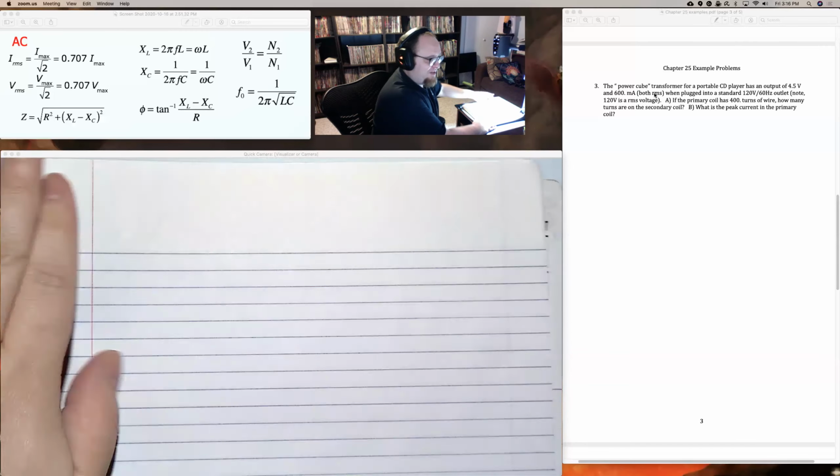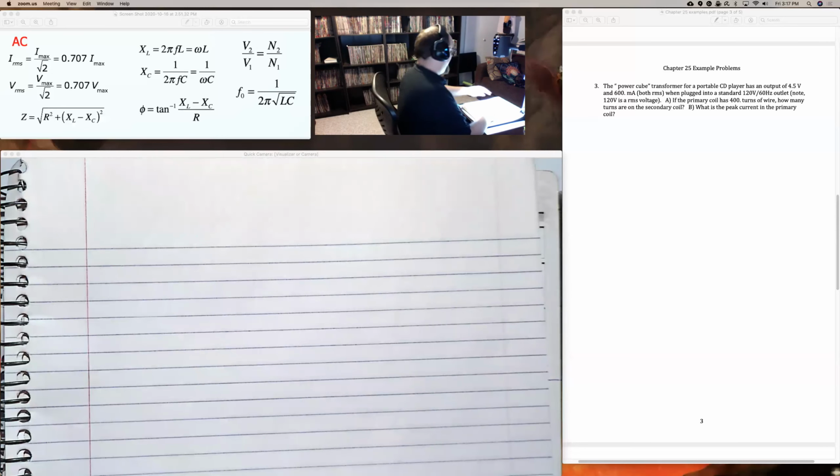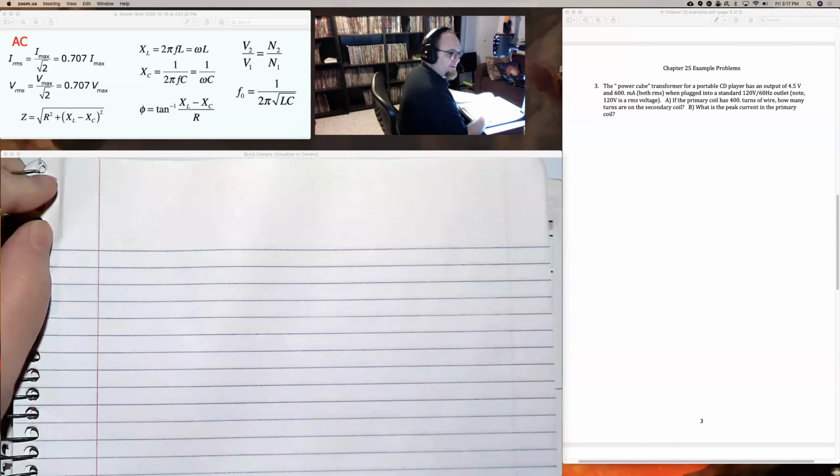So they're textbook problems. Textbook problems can be a little dated. This problem cracks me up for the sheer datedness: the power cube transformer for a portable CD player has an output of 4.5 volts and 6 milliamps, both RMS. I probably should switch to something slightly more relevant, but here we go.